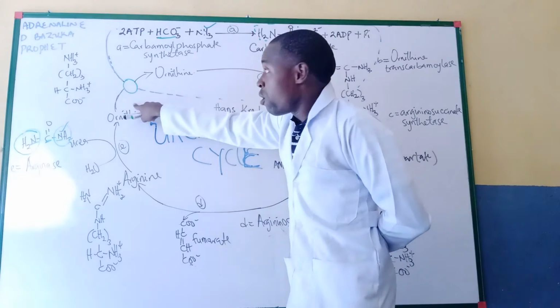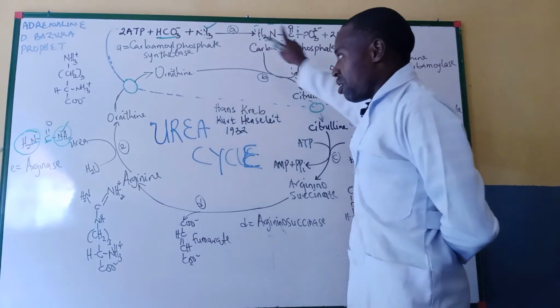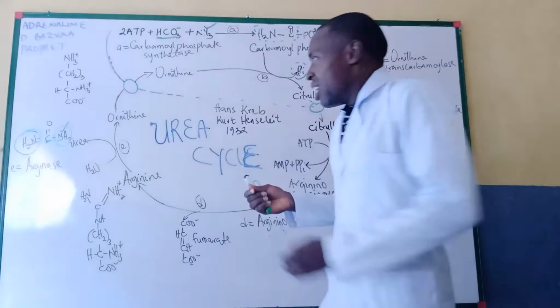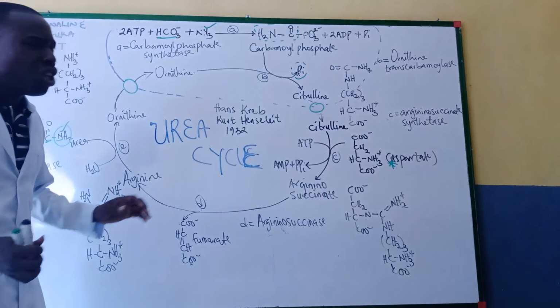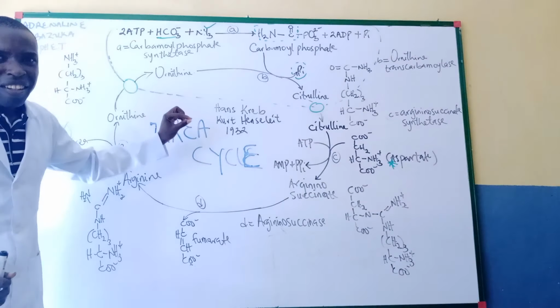Ornithine too, for it to enter the mitochondria, a special transport system is utilized, which is what you have here. Again, the cycle continues.